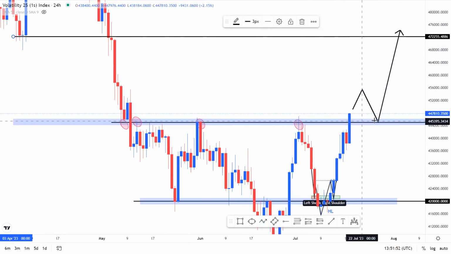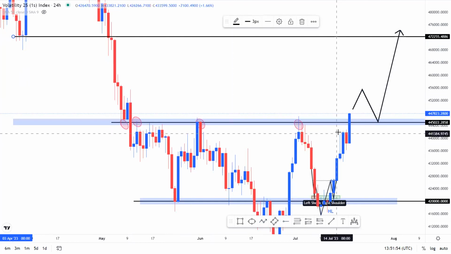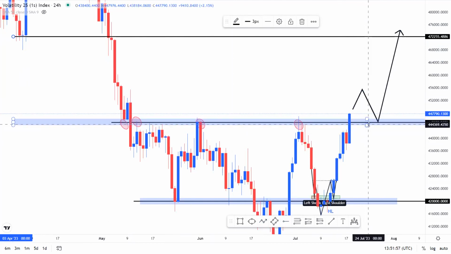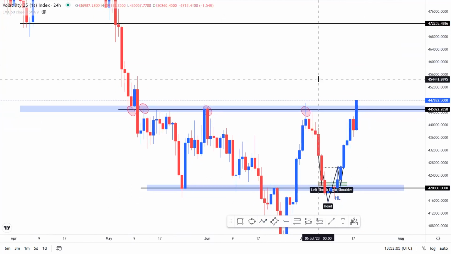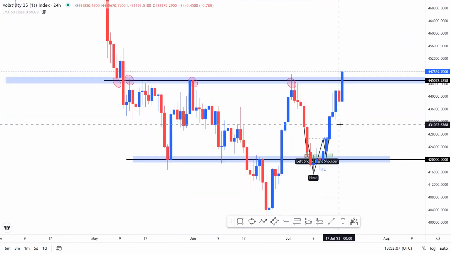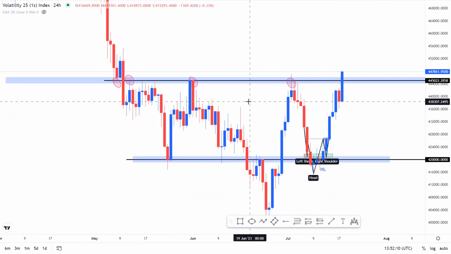With this being the neckline of a daily inverse head and shoulder pattern, I'd wait for a retest at this level to get in on further buys to the upside. I'm currently out of my buy trade. Sorry, I had to digress.